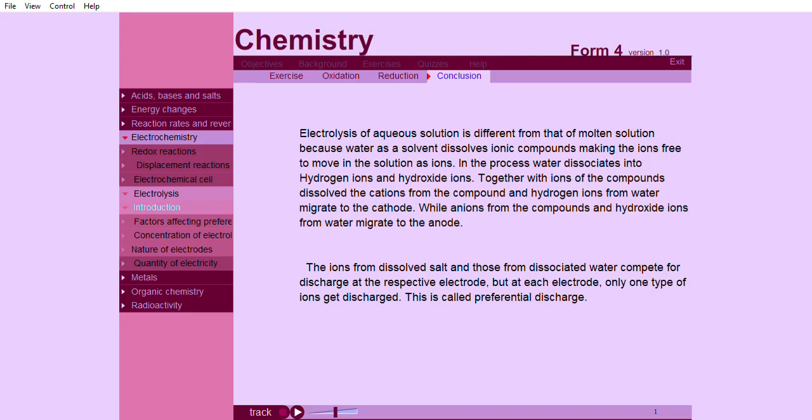Together with ions of the compounds dissolved, the cations from the compound and hydrogen ions from water migrate to the cathode, while anions from the compounds and hydroxide ions from water migrate to the anode. The ions from dissolved salt and those from dissociated water compete for discharge at the respective electrode, but at each electrode, only one type of ion gets discharged. This is called preferential discharge.